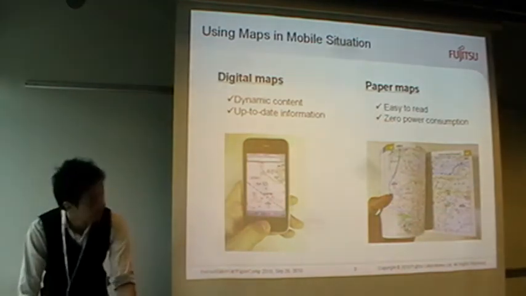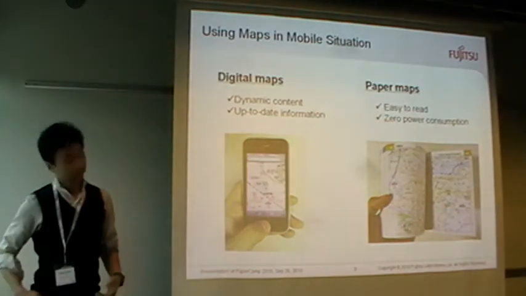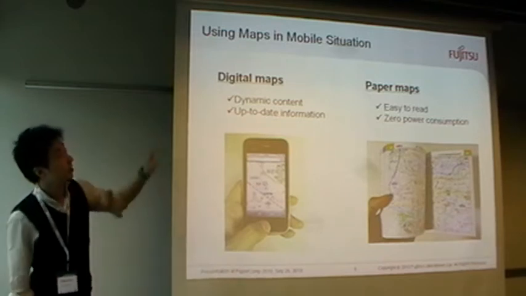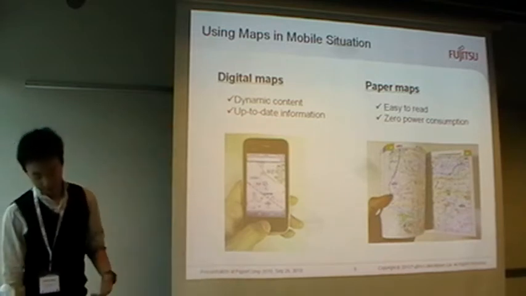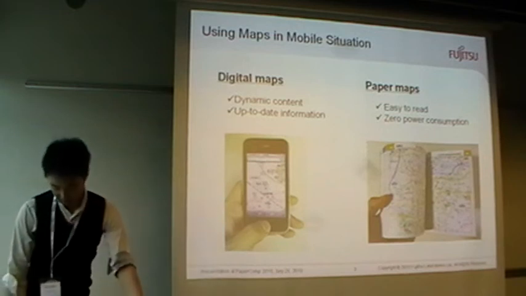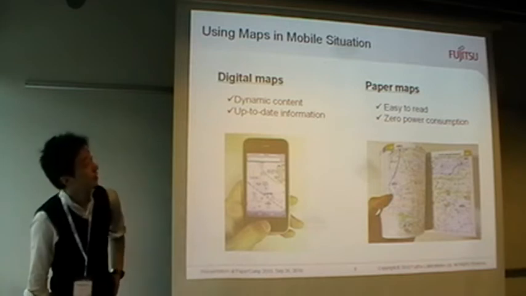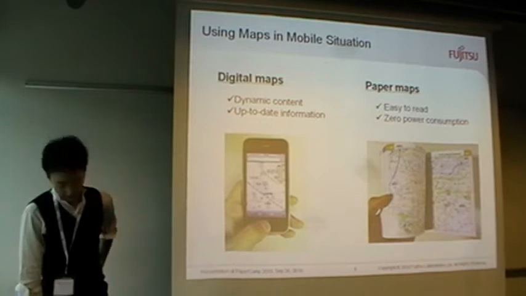The reason why we developed this technology is to combine the advantages of digital maps and paper maps in mobile situations. Digital maps such as Google Maps provide dynamic content and up-to-date information.